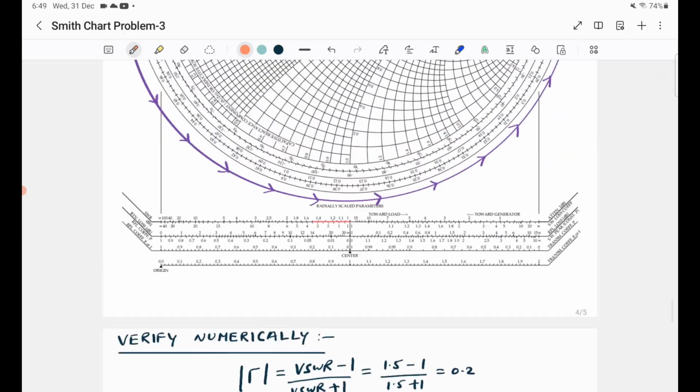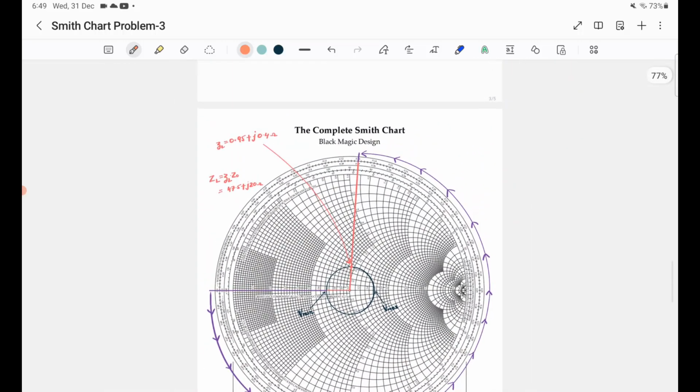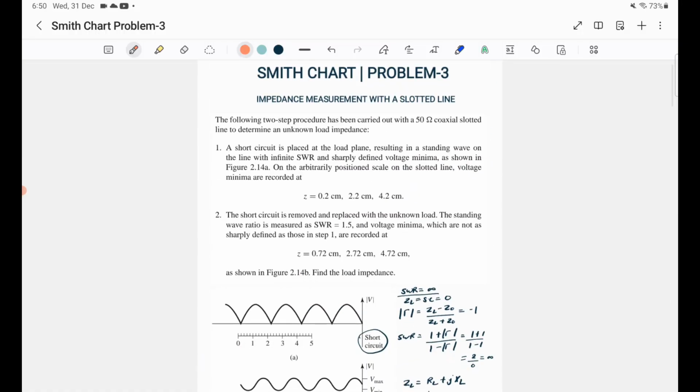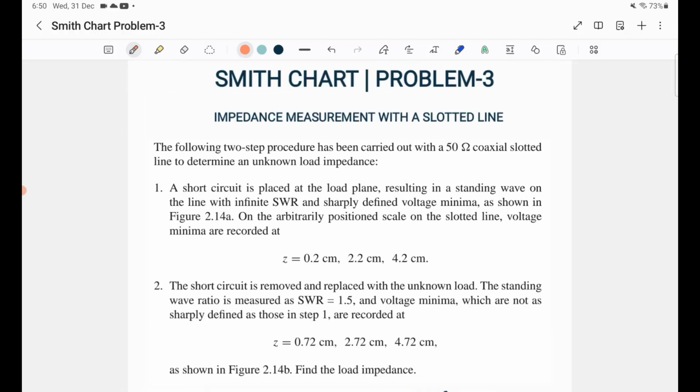So in this question we have understood that using the Smith chart we can find the value of an unknown impedance, which was a very handy tool in the early days of microwave measurement. Alright, so I hope you have understood this question. This is a very important question when it comes to understanding the problem of finding unknown impedance using the slotted line with the help of the Smith chart. Thank you very much.